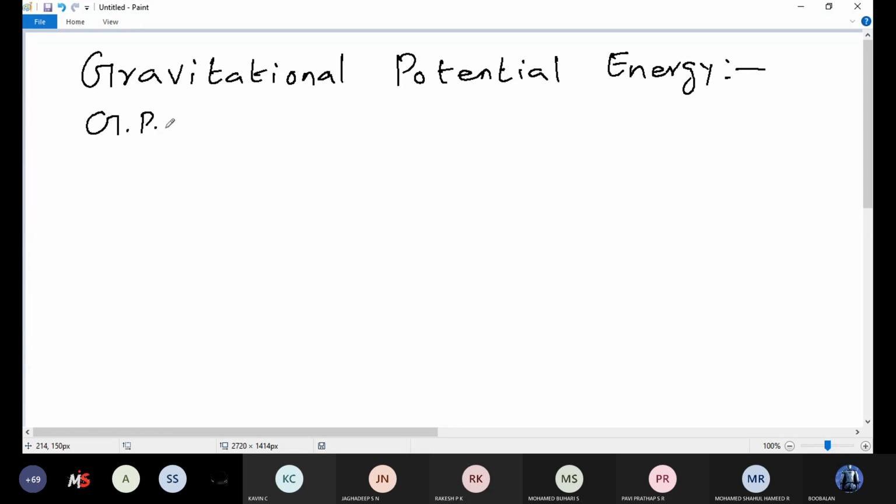Gravitational potential energy. GPE means gravitational potential energy. Please note down the definition, I will explain.